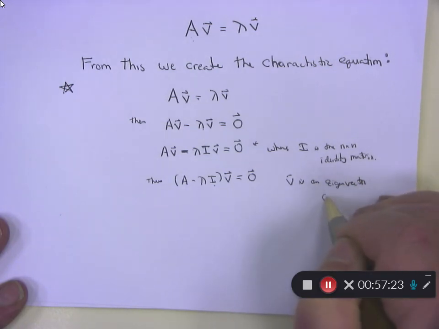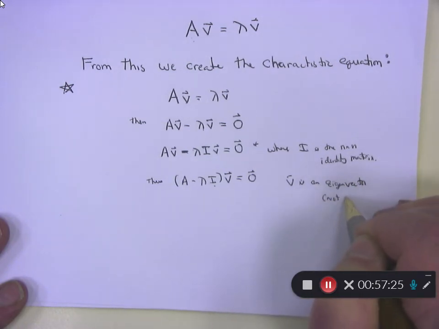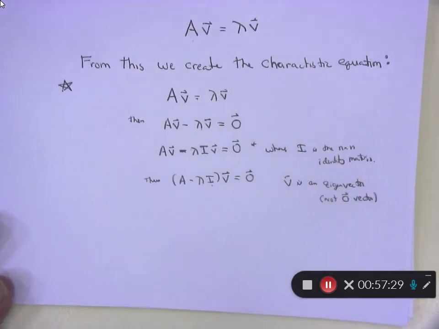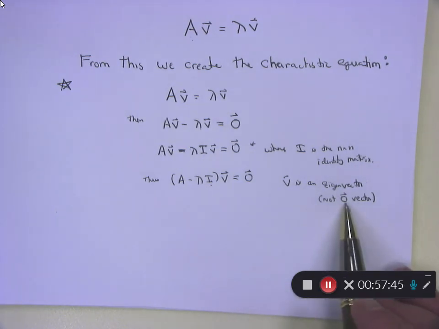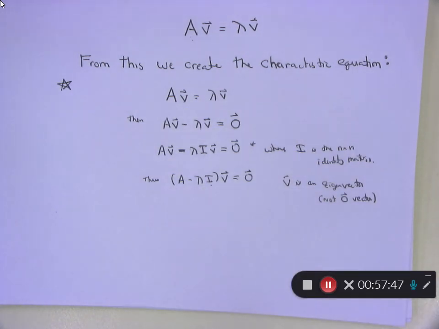Okay? Not the zero vector. I want it to be a real vector. The zero vector really doesn't work for me. Okay, yeah, great. Lambda equals 0 could be an eigenvalue, but the typical eigenvector is going to be 0, or pretty much anybody you want, because 0 times anybody is 0. So what we want is these non-zero vectors and non-zero lambdas that we're looking for.